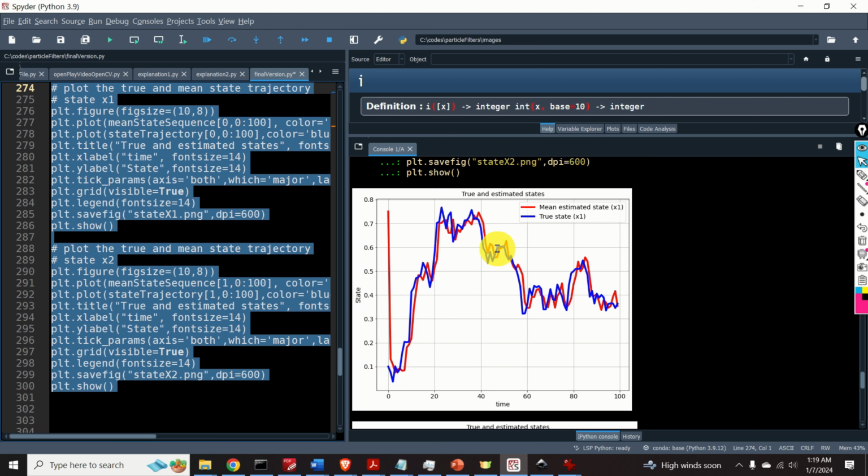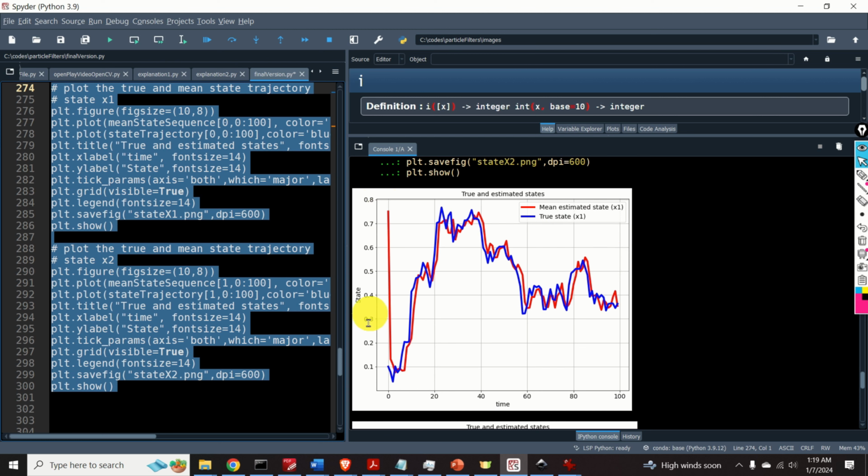This is simply because you always have a stochastic term, w_{k-1}, that is, you always have a process disturbance affecting your state dynamics as well as the measurement noise affecting your output. That's why you can never have a perfect match. However, you can see that our particle filter is actually tracking our true state very well.